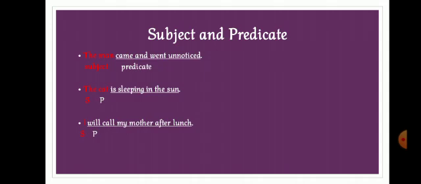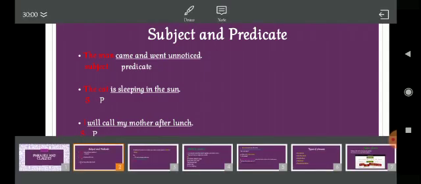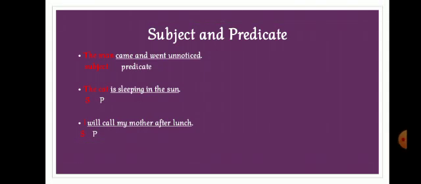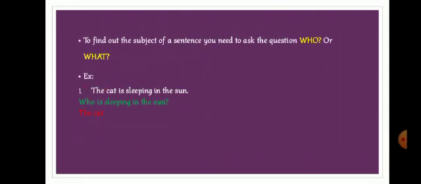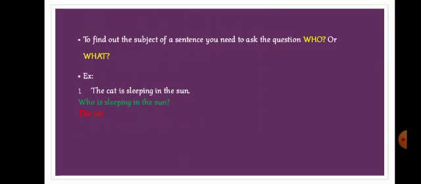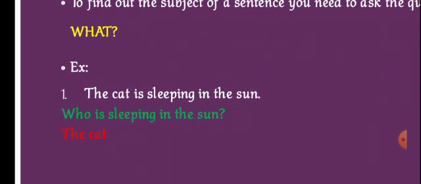If you take passive voice sentences, the subject comes at the end, the last, right? So for those instances, you need another method to find the subject of the sentence. That method is, to find out the subject of a sentence, you need to ask the question who or what. This is the next method.